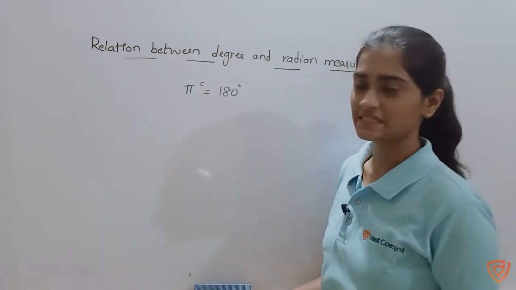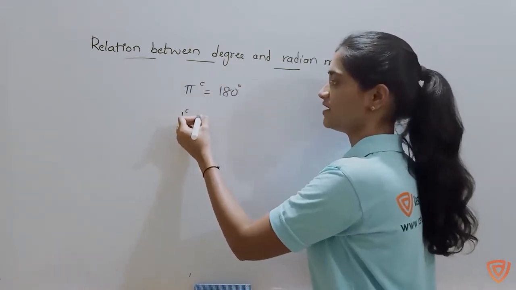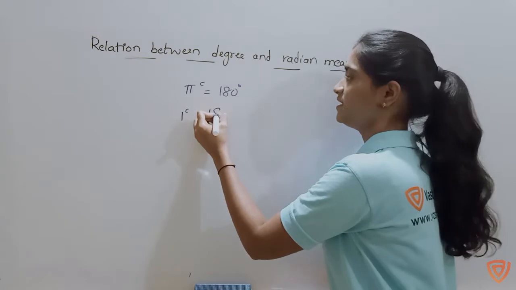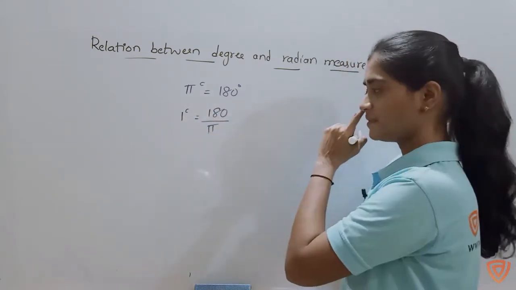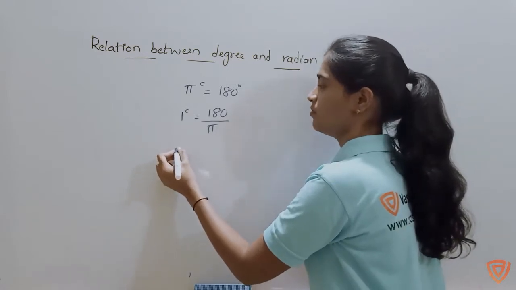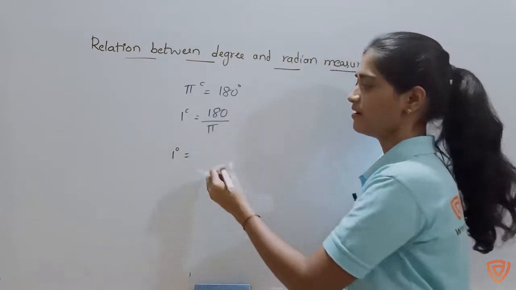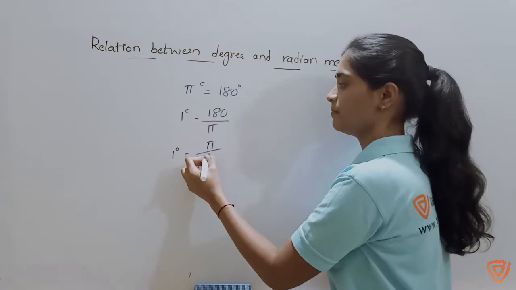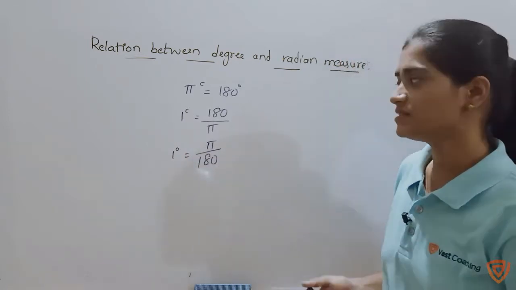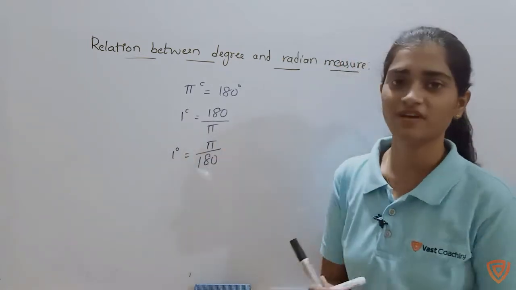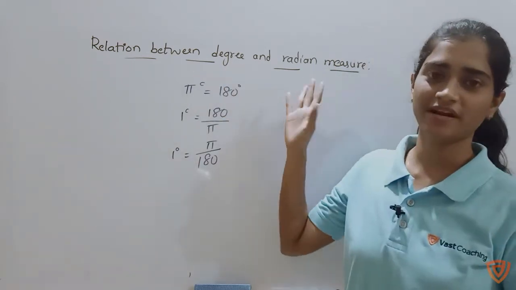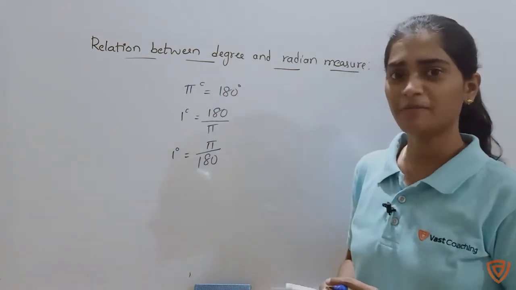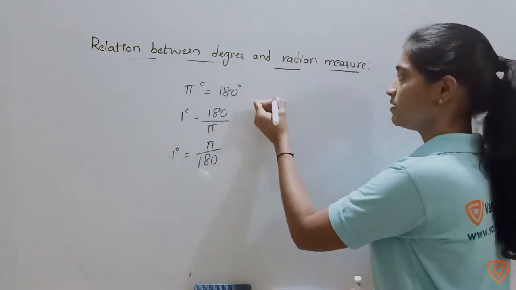From this, can I write 1 radian is nothing but 180 by pi? Right? And again, can I write 1 degree is nothing but pi by 180? So this is the relation we are going to use when we convert from degree to radian or radian to degree measure. Let me take one small example.